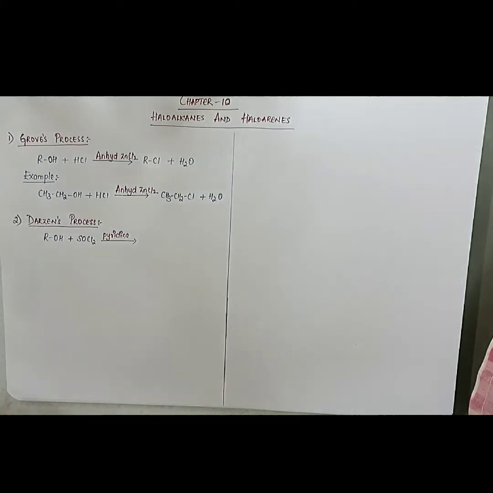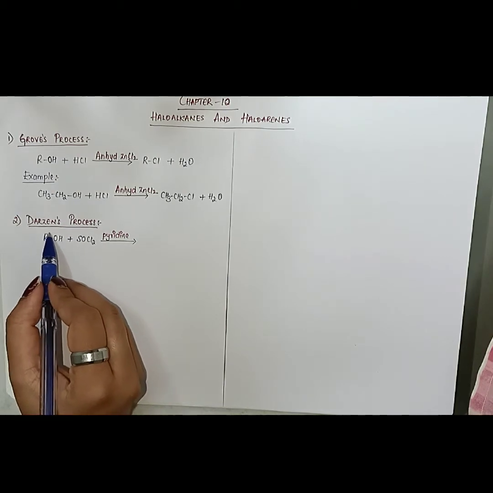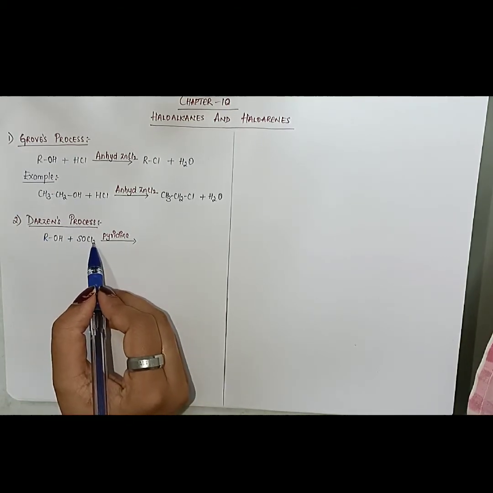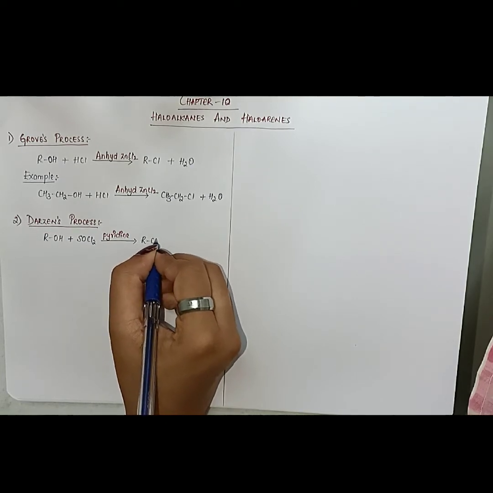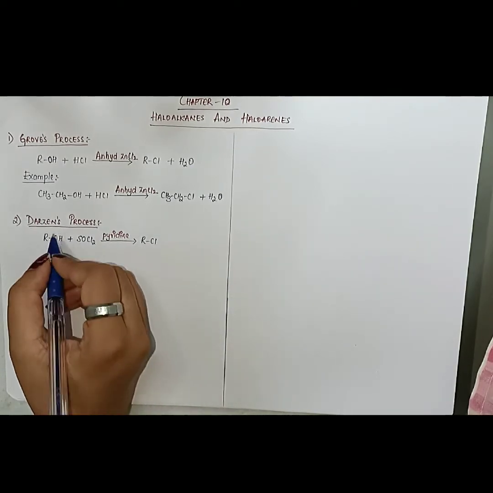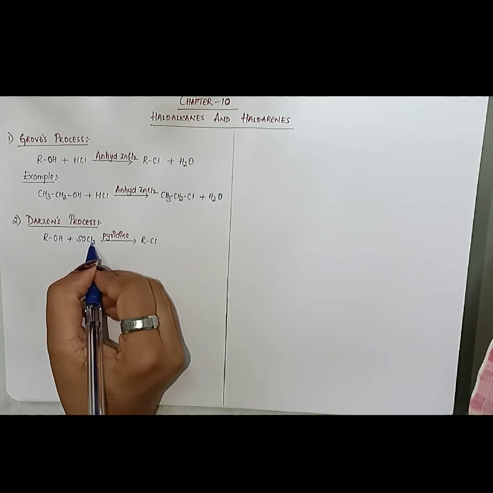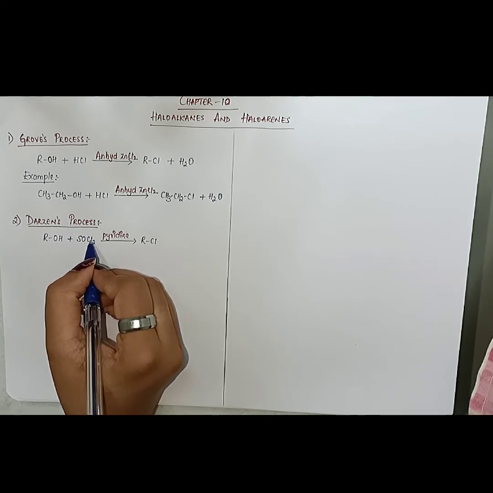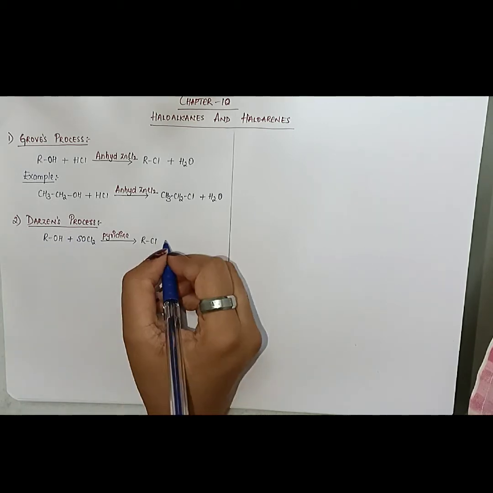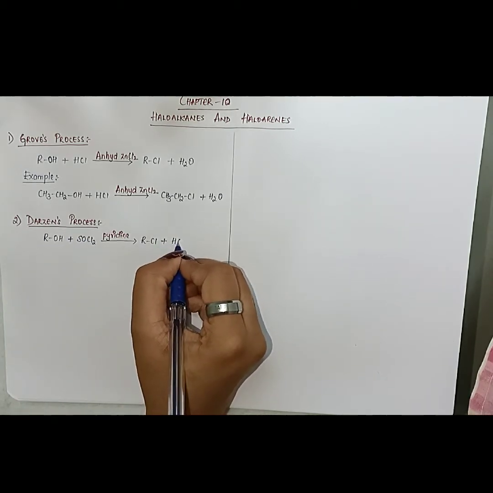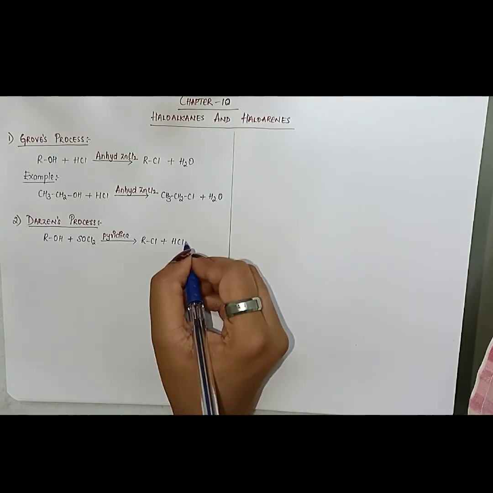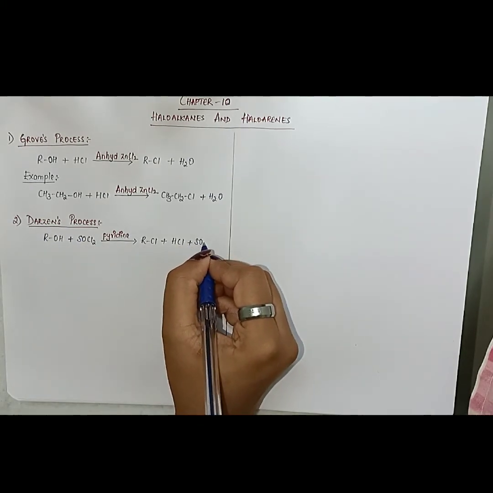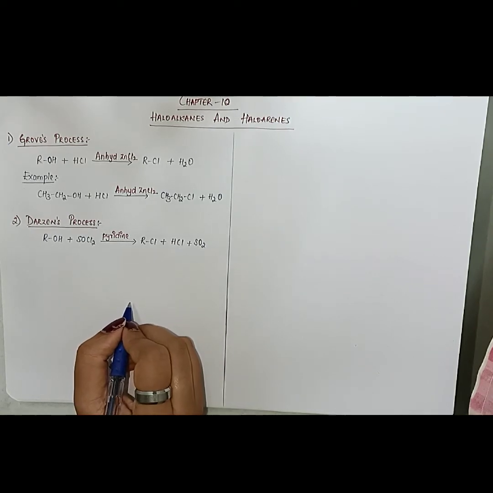Now here R group being the positive center will pick up Cl which is a negative one to form alkyl halide. Then one of the Cl is going to combine with hydrogen to form HCl. And then SO plus the oxygen here will release SO2 gas.